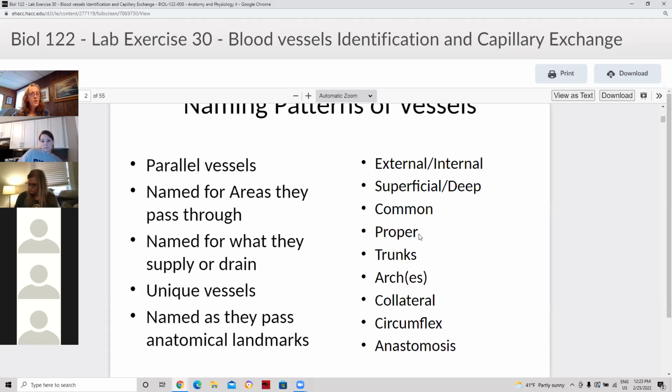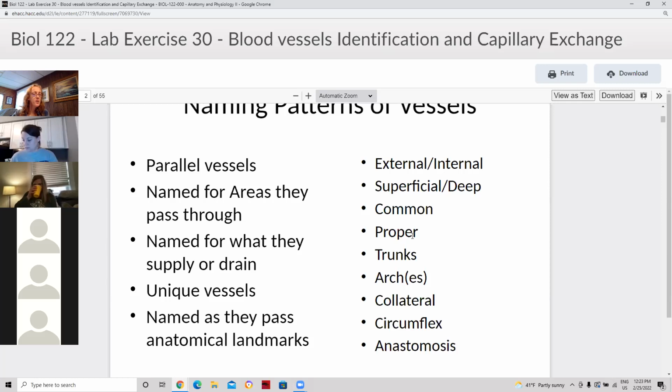Proper means it's a direct route. Like the proper hepatic artery, versus the common hepatic vessels, which are going to split.